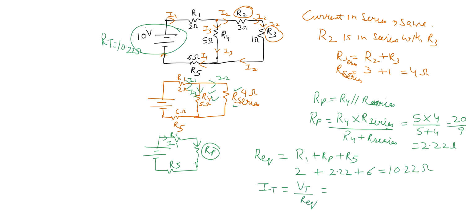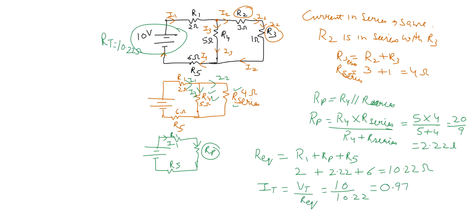It's the same thing if I say total resistance or equivalent resistance. So 10 volt divided by 10.22 gives me 0.978 ampere.